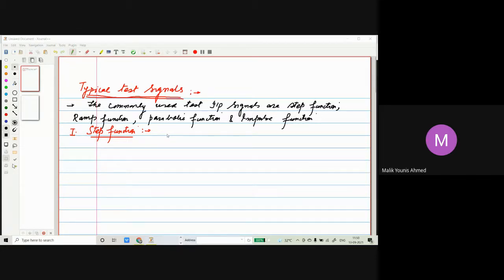So step function represents what? It represents an instantaneous change in the reference input. That means it will step to some value. Maybe it's a unit step. It can go to any k value or some other value.